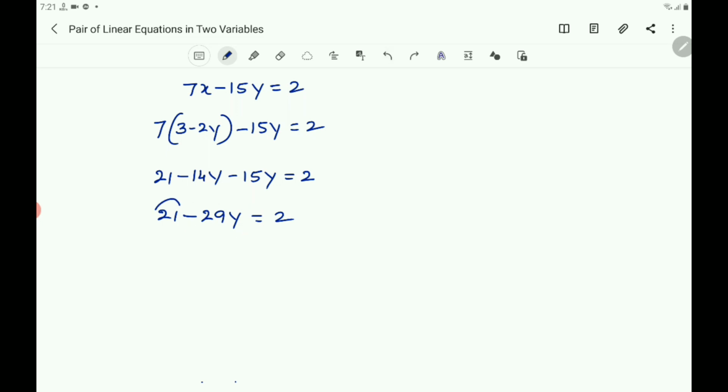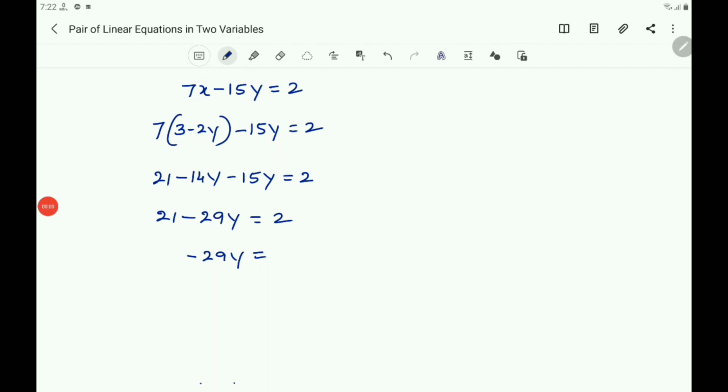Then you transfer this 21 to RHS. That becomes minus 29y equals 2 minus 21. So you got minus 29y equals 2 minus 21.